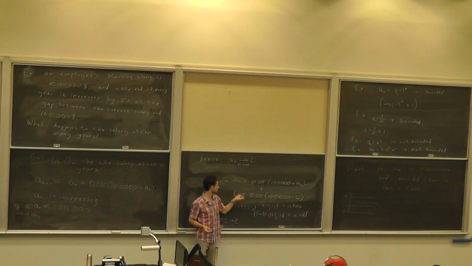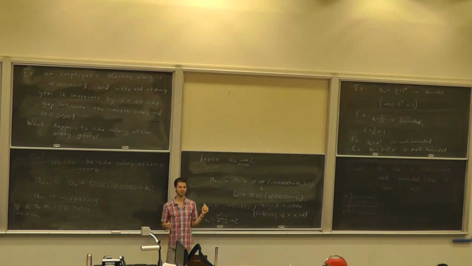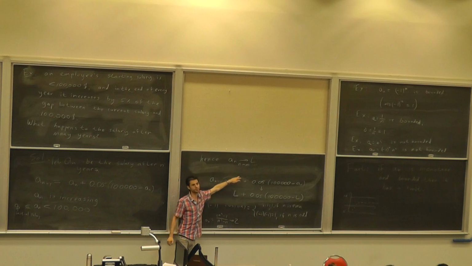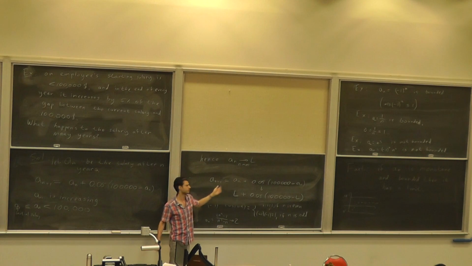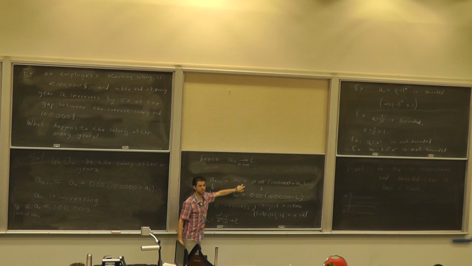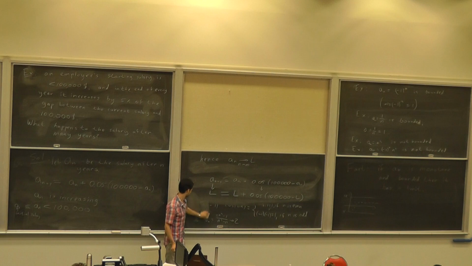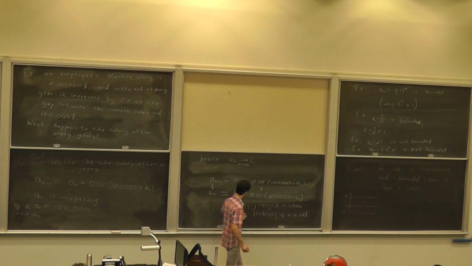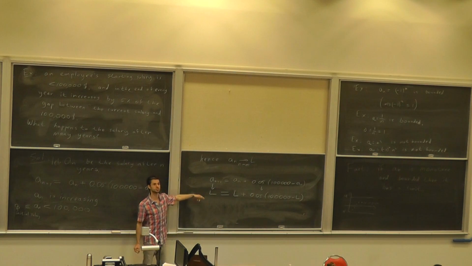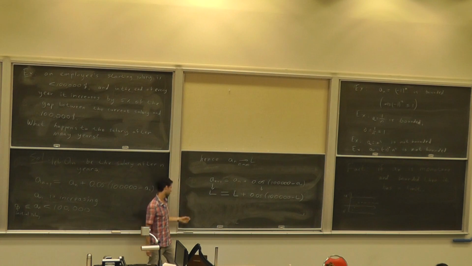When n is large, this thing is close to this number. The left hand side, well, when n is large, all the elements of the sequence are close to the limit L. So in particular, a_(n+1) is also close to this limit. But these things are equal to each other. So their limits must be equal to each other.